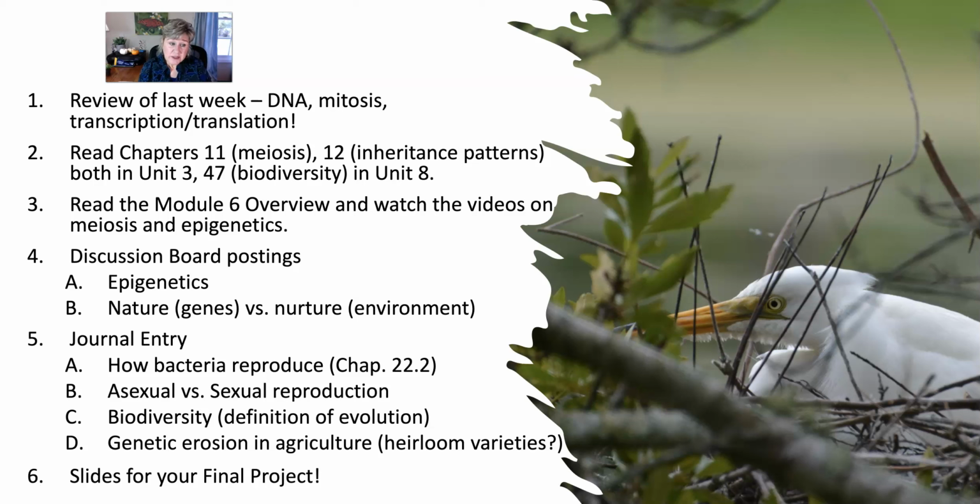Your journal entry this week is all about reproduction. So you're going to talk about how bacteria reproduce. You're going to talk about asexual reproduction first. How bacteria reproduce, and I give you a reference here, chapter 22, section 2. If you go there, you will find all the information that you need. So how do they reproduce? By binary fission. That means they just split in half. How do they get new genetic information?